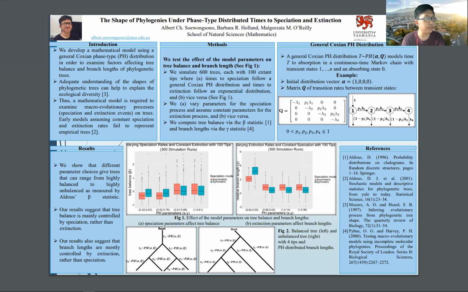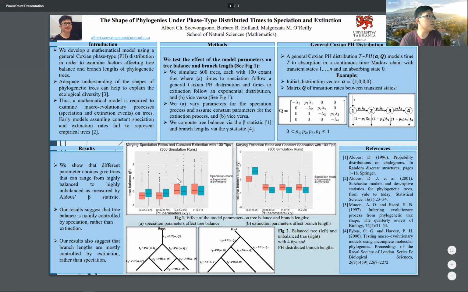If you look at this figure here, for each branch length we assume independence of branch lengths, and we can do that if we assume a symmetric speciation mode. In the symmetric speciation mode, following a speciation event, both children lineages don't inherit the parent's age, so you can draw the times independently from the phase-type distributions.